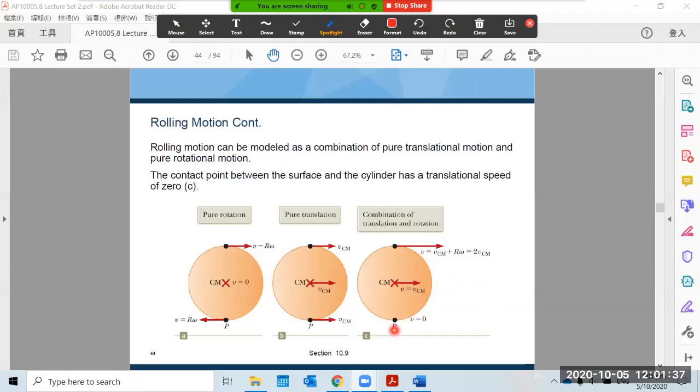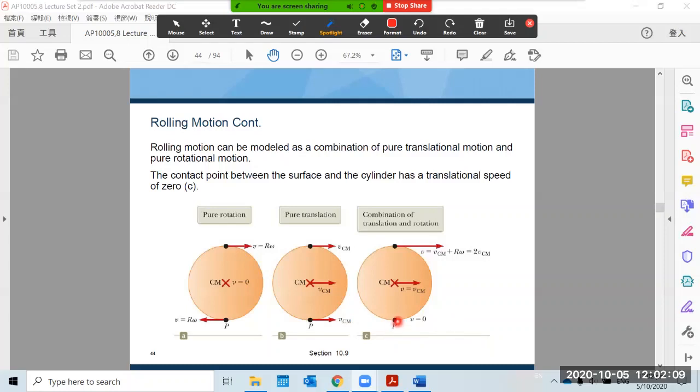So at the point of contact between the surface and the cylinder, the translational motion for the whole object, which is equal to VCM forward, is equal to the velocity of the particle at the bottom, but it is moving backward. So at the point of contact, velocity of the particle is 0 with respect to the surface in which the object rolls.